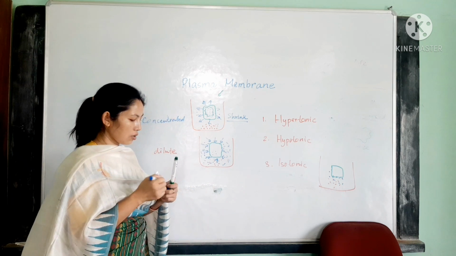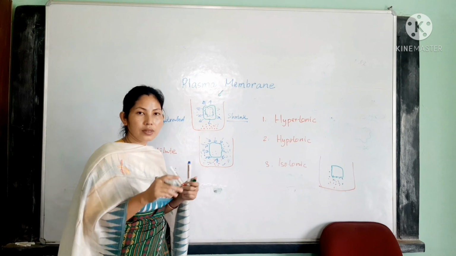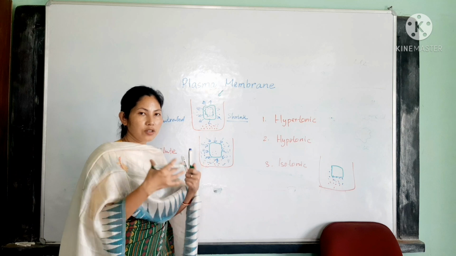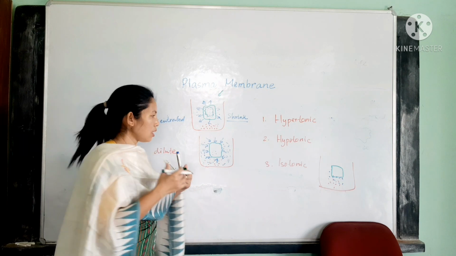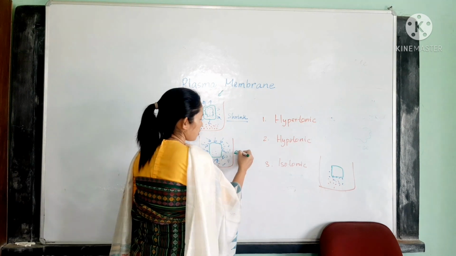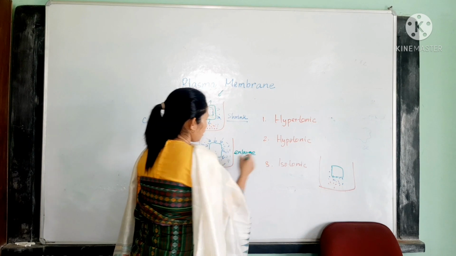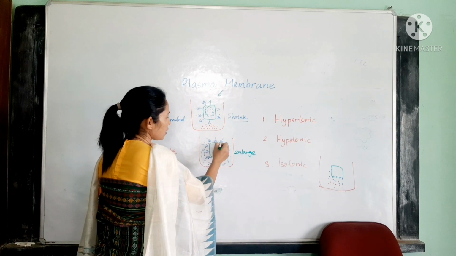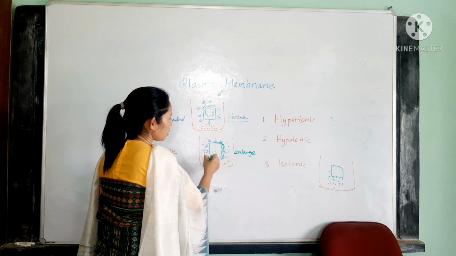And in such a condition, what will happen to the cell? If the cell gains water, what will happen to it? It will enlarge, right? It will gain water and increase its size from here to this much size.